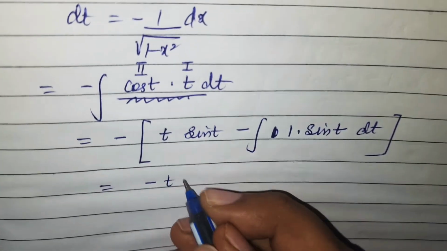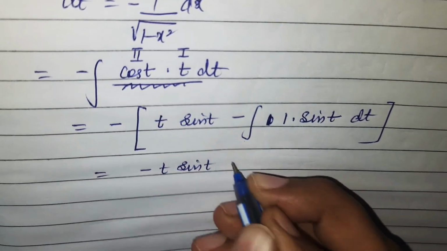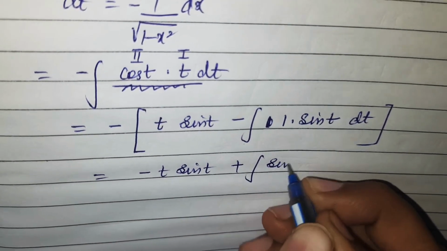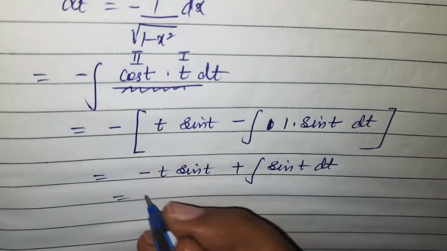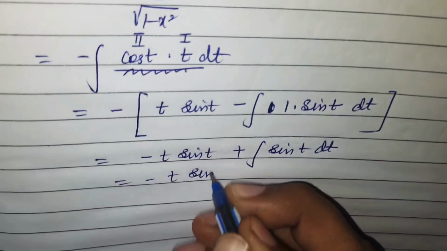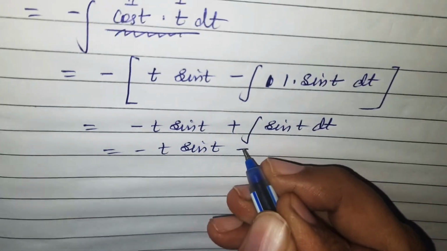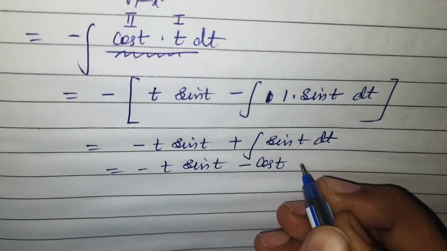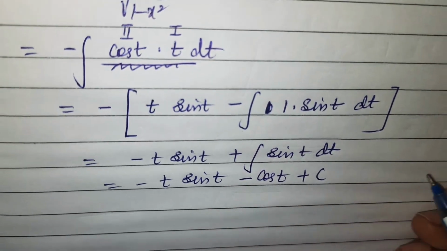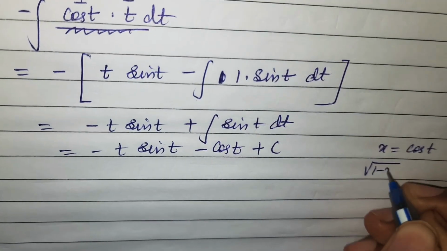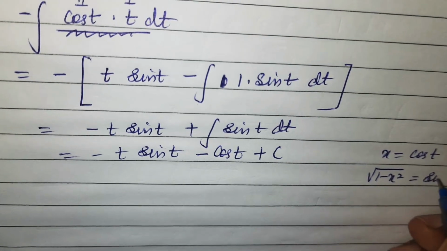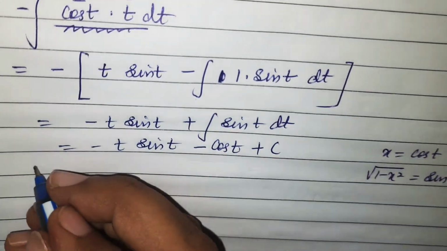This is minus t sin t plus integral of sin t dt. So my final answer is minus t sin t, and this will become minus cos t plus c. Now remember, if x is cos t, then under root 1 minus x square will be sin t. So replace it with x.